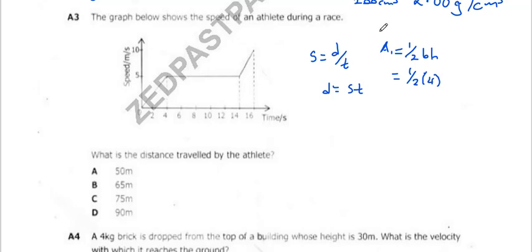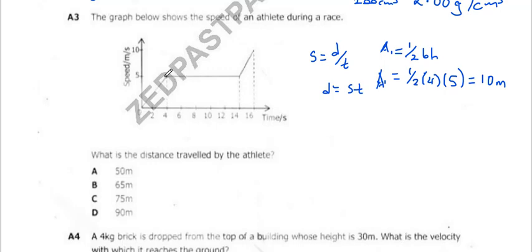Our height is 5, so we'll have 5 there. And 4 multiplied by 5 gives us 20. 20 multiplied by half gives us 10. So our first area is 10. And since we're finding the distance, this is 10 meters.